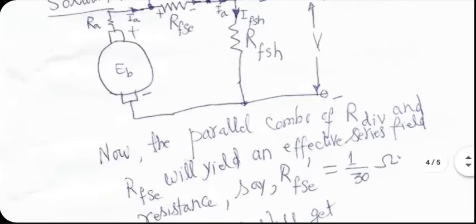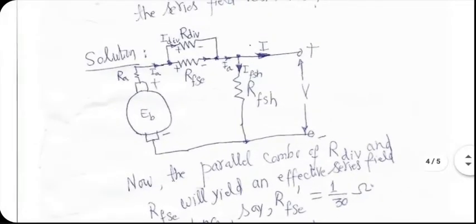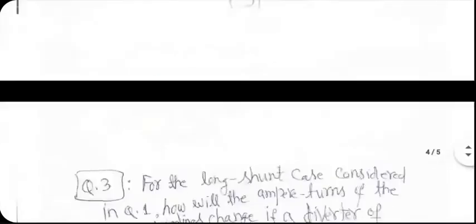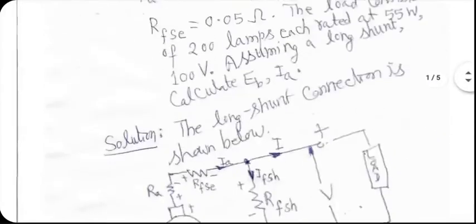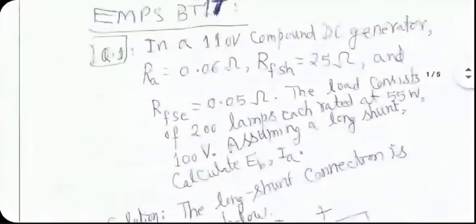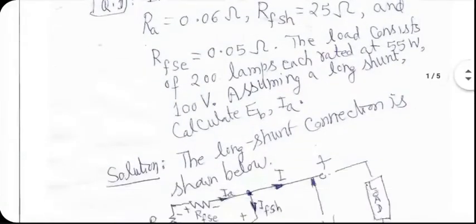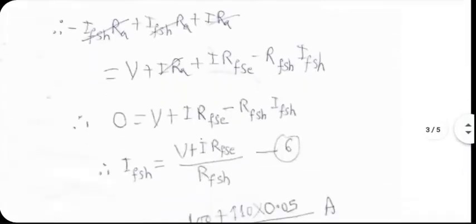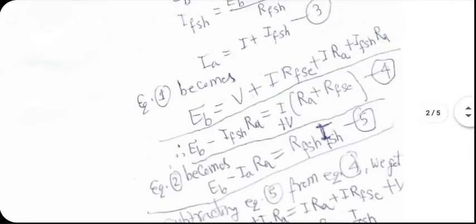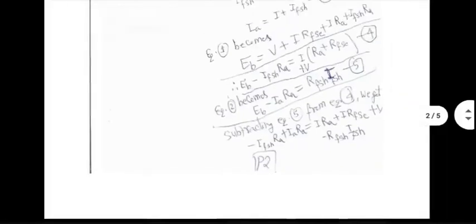So essentially, question 1 can be repeated here, but you change the value of RFSC from 0.05 ohm to this new value that I have calculated. The effective value of RFSC has changed now because of the diverter.